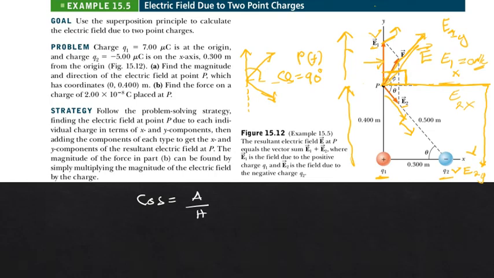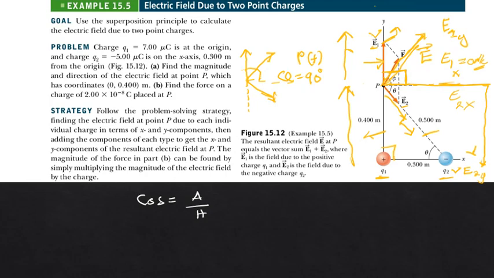If this is our curve, then this is our hypotenuse and our adjacent is that number.